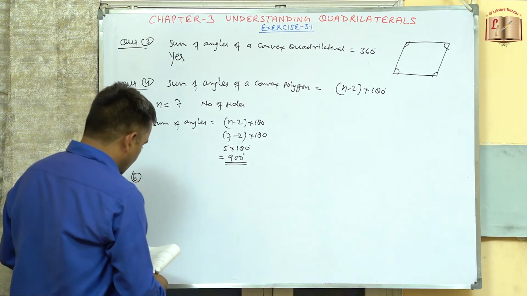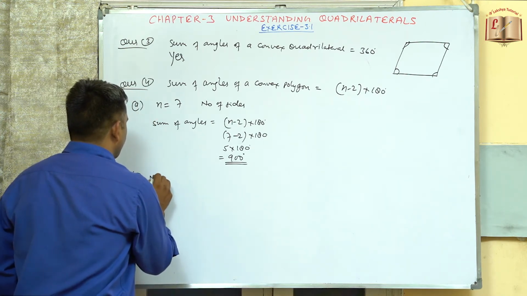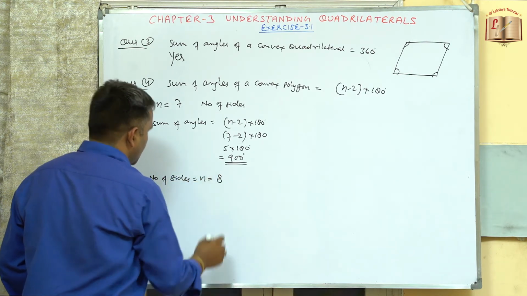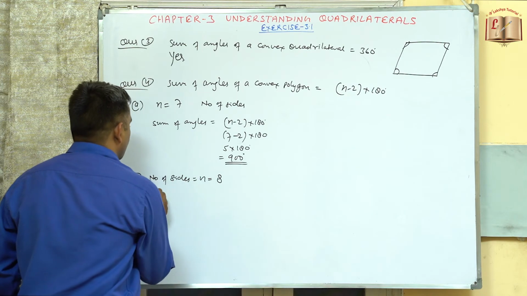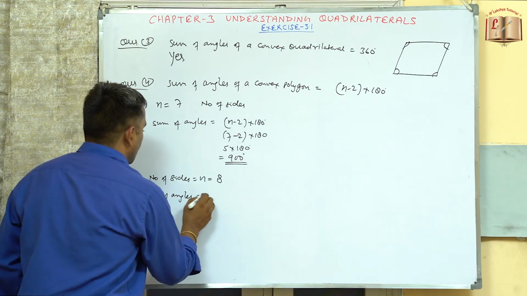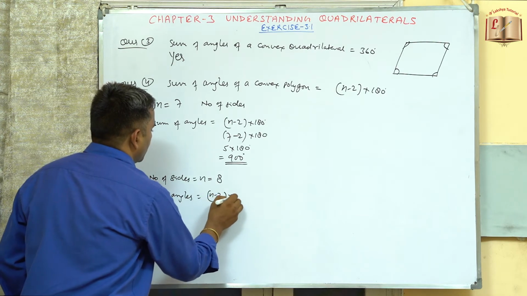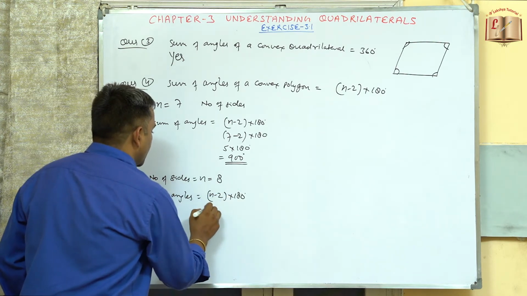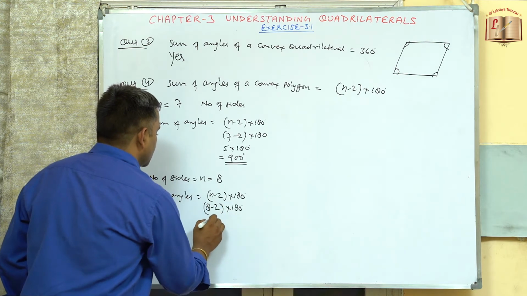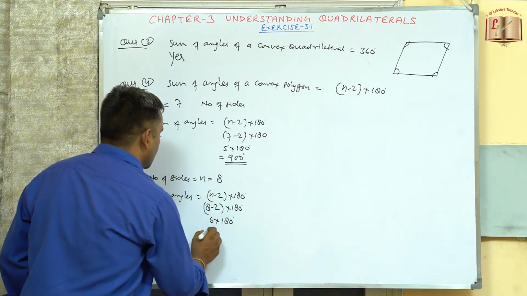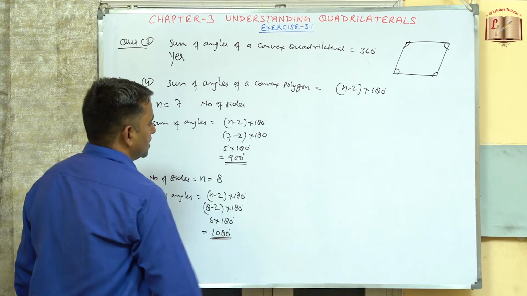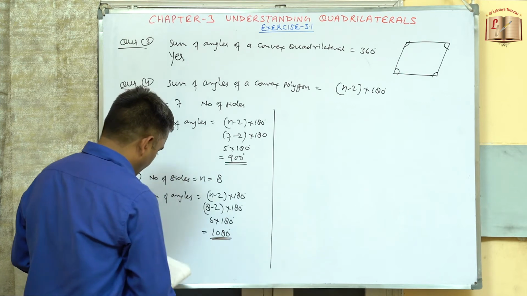Now coming to the next part where number of sides n equals to 8 is given to us. So again sum of angles will be n minus 2 into 180 degree. So n is 8 minus 2 into 180 degree. So this is 6 into 180 degree. So this is 1080. So this is the sum of the angles.